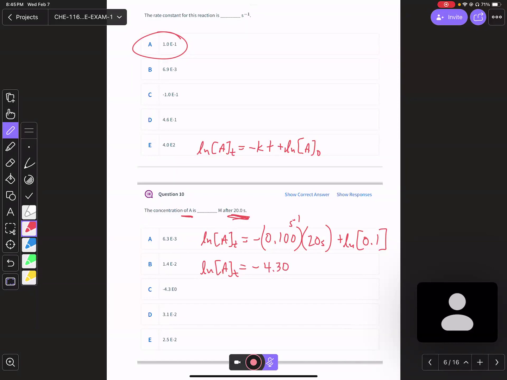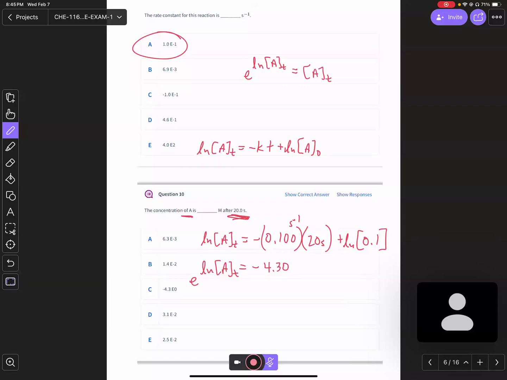And here was the trick that we talked about in class. It's less chemistry, more math, but the opposite function of natural log is e, and we need to get rid of the natural log. So e raised to the natural log of concentration equals that concentration.